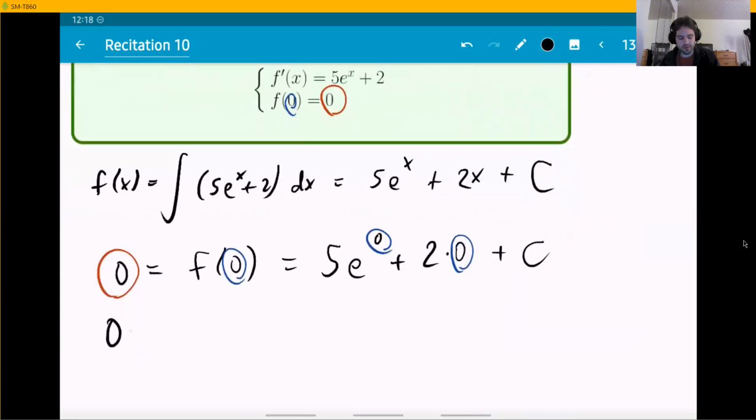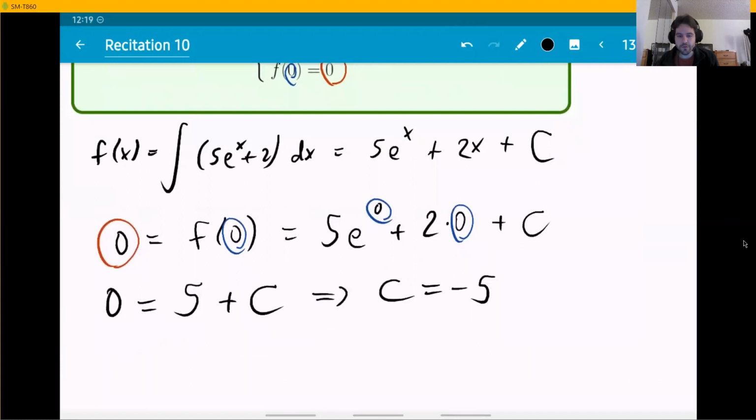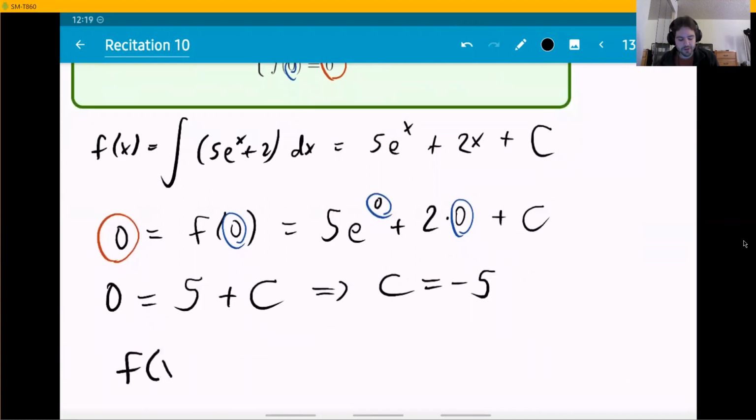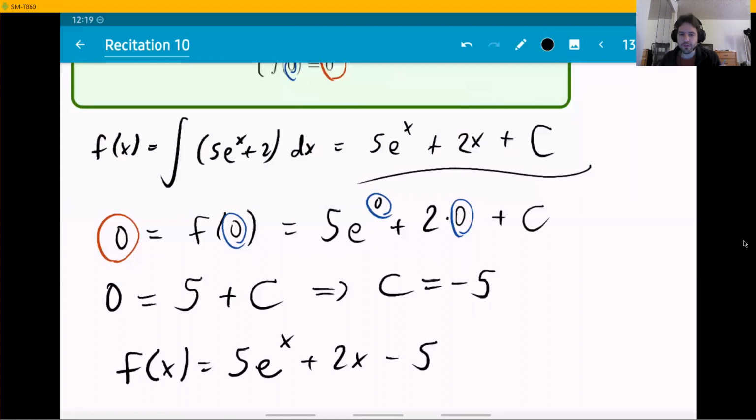It is 0 equals, this is 5. 2 times 0 is 0. And then plus c. This last part of the equation is here, plus c. So you see here, c must be minus 5. After you found c, remember that the answer to the problem is the function itself. f of x must be the function 5 e to the x plus 2x minus 5. I'm looking at the f that we found initially and writing it with the value of c that we just found. This is your answer.